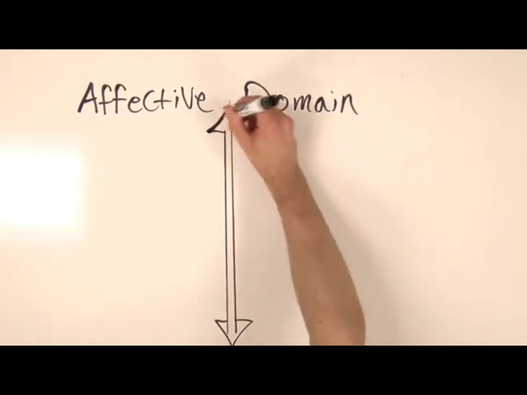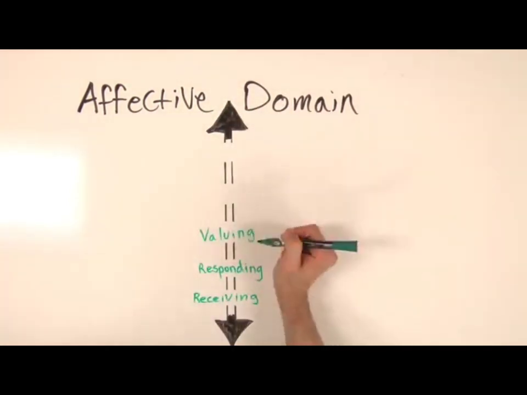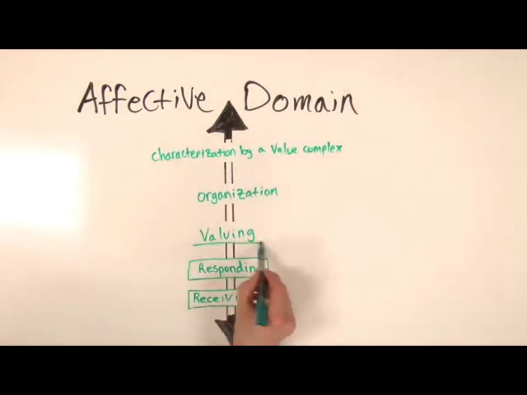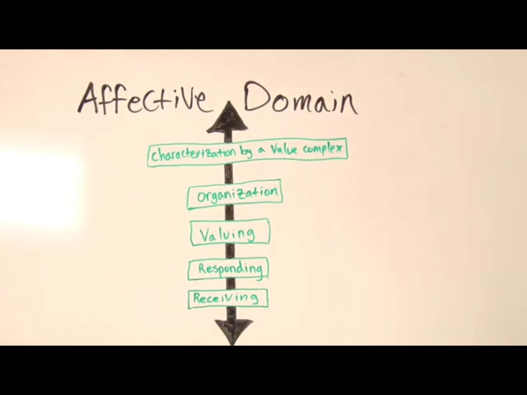Which involves attitudes and values. It describes how people progress from ignorance of a subject to making that subject an integral part of who they are. At the lower levels, a person learns that a subject exists, chooses to pay attention to it, and responds to it with goodwill. At higher levels, the person makes an effort to interact with the subject, eventually making it a determining force in his or her life.